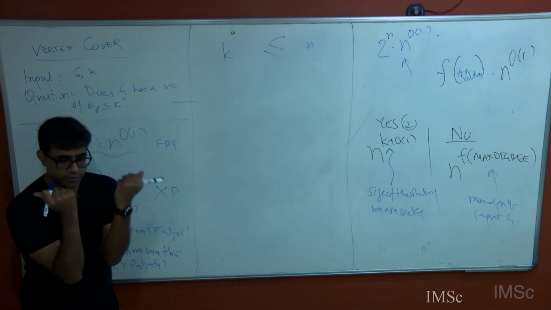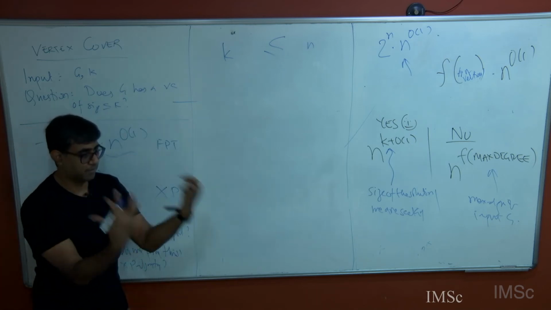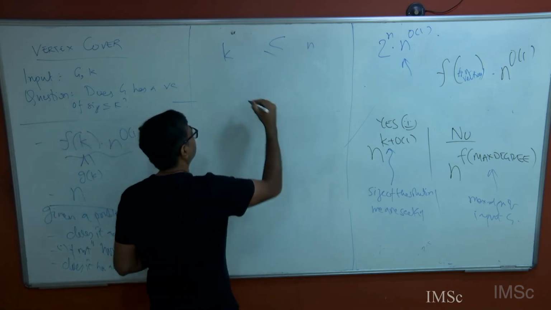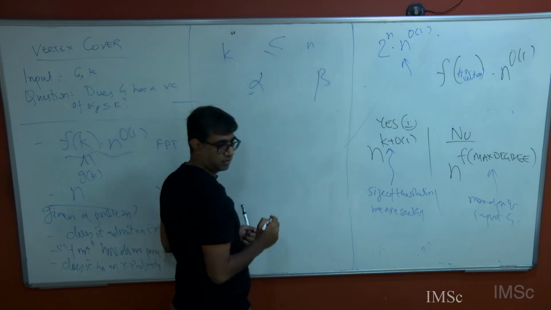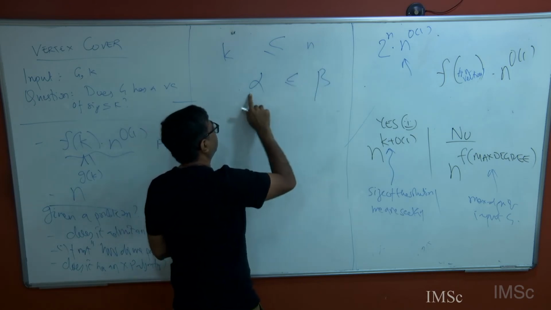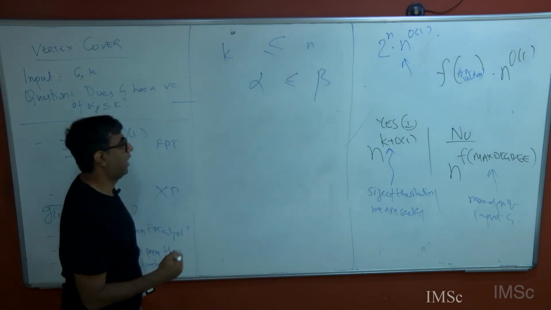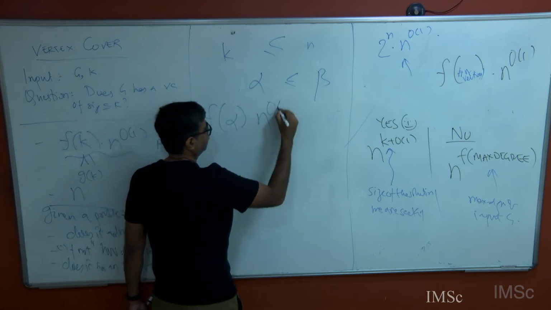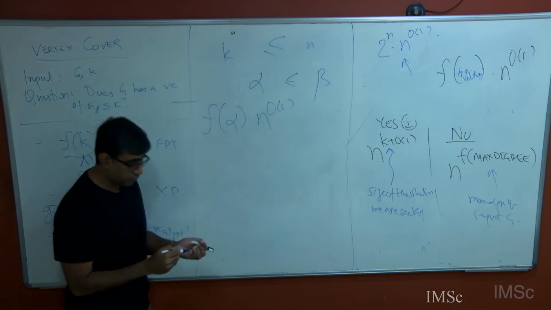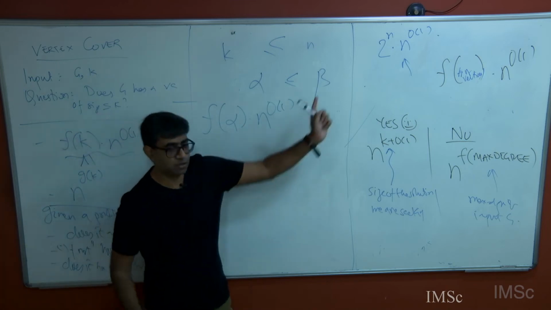So if there are 2 numbers, let's say alpha and beta, where alpha is less than or equal to beta, and if I design an algorithm with running time f of alpha times n to the power big O of 1, does it imply also that we have designed an algorithm with running time f of beta times n to the power big O of 1?